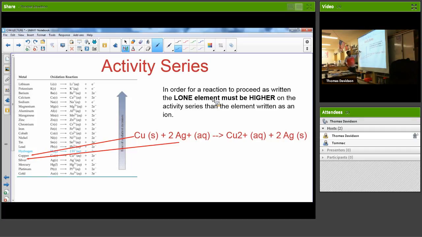But right now, all we care about is where things are. So you can see, well, you can't see that very well, but that's the oxidation easiness. The higher you go, the easier it is to oxidize. So it says in order for a reaction to proceed as written, the lone element must be higher on the activity series than the element written as an ion.